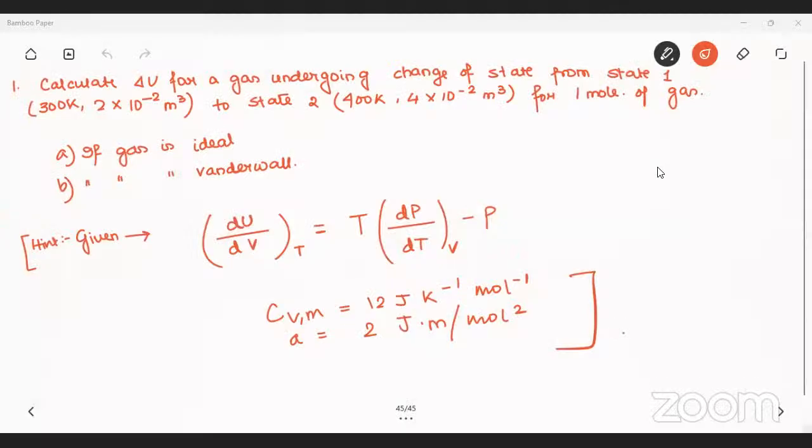Okay. So, I gave you a sum for homework in the morning class. Did anyone solve it? Anyone tried to solve? No one. Does anyone want to volunteer also?